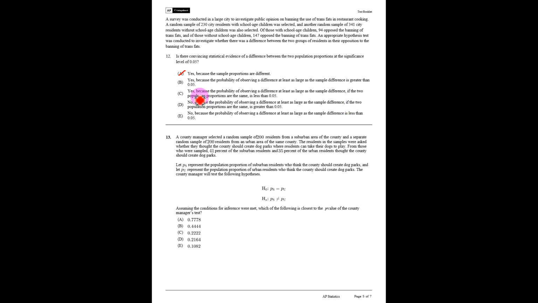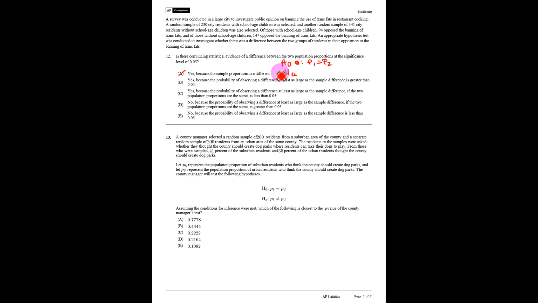B and C are sort of similar, but the part we're going to need here is assuming the null is true. So our null is going to be assuming P1 is equal to P2, assuming there's no difference.